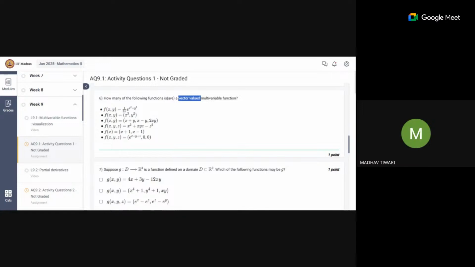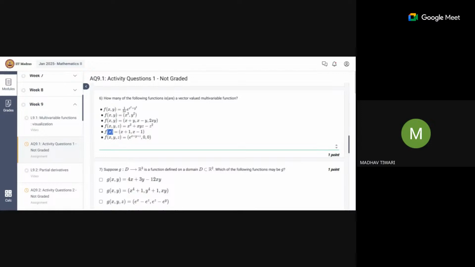So I can eliminate my first option, it is in R, and also the fourth one. First and fourth are eliminated. Second, third, fifth, and sixth are left. Next, it is saying multivariable. Fifth has only one variable in the domain space, so it will also be removed. So how many are left? 3.